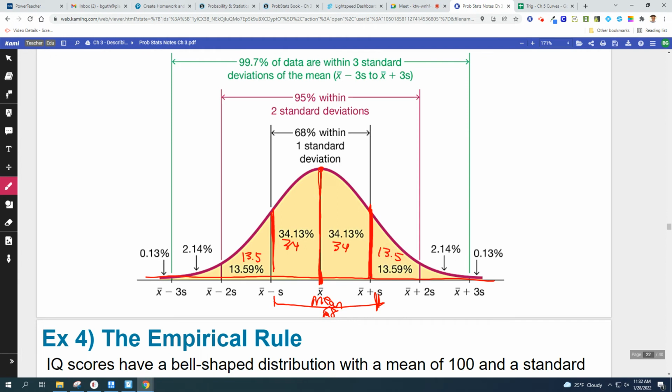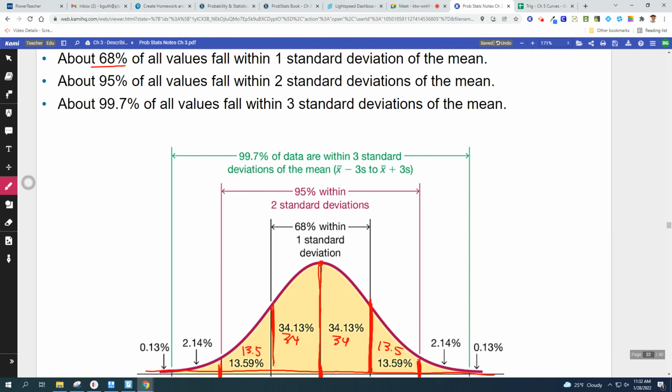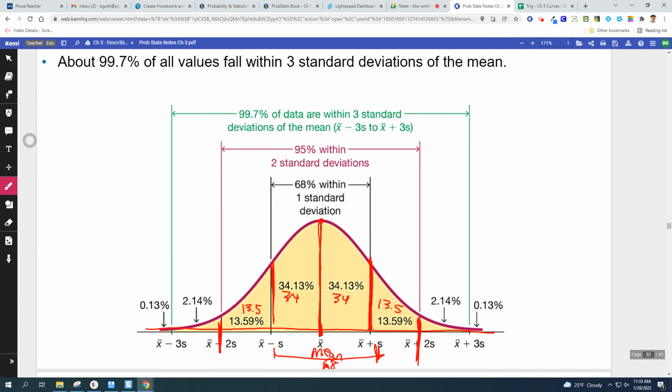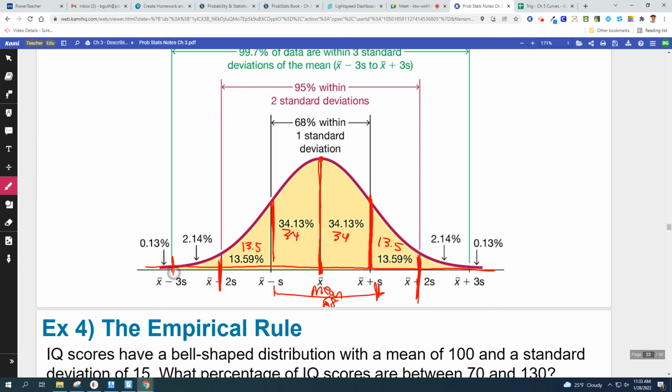So if you add those together, 13.5 plus 13.5 plus 34 plus 34, from here to here is going to be about 95% of the numbers. And that's what that says. 95% of all of the values fall within two standard deviations of the mean. And then if you keep going out, here's three standard deviations.